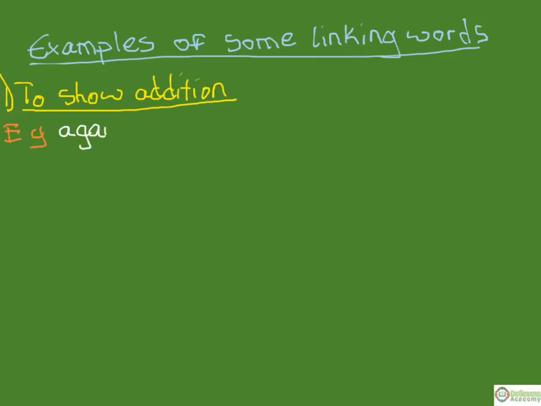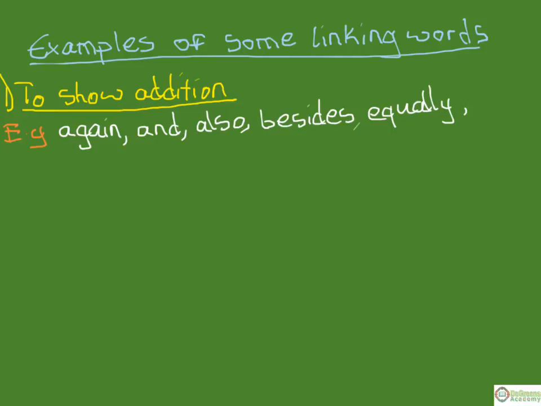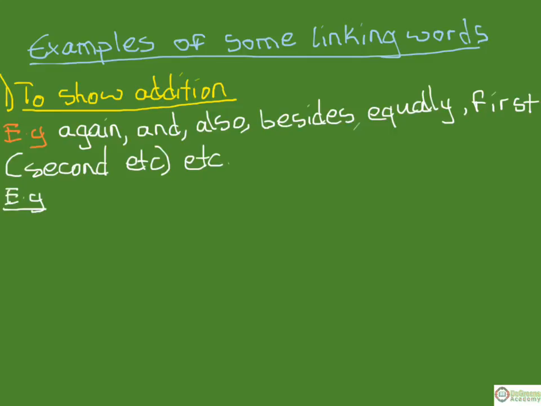In the course of writing, we want to show addition. What are some of the words that can be used? We have again, and, also, besides, equally, first, second, etc.